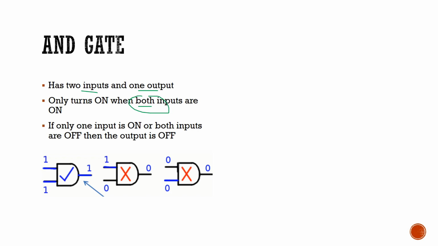If only one input is on or both inputs are off, then the output is off. As you can see in picture 1 here, both inputs are logic high, so we have a logic high output, and in these two, one is logic high and the other is logic low, so the output will be off, it will be logic low.